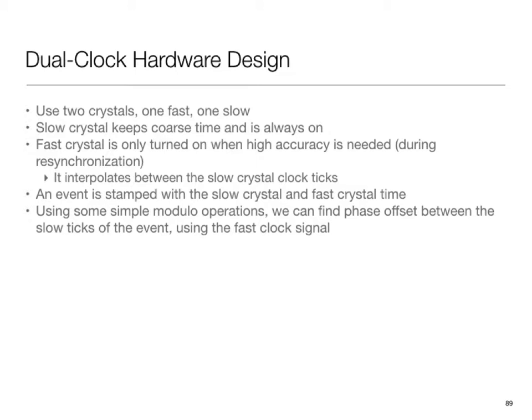So if your clock is slow, that's another way of saying that your time is coarser. So imagine two kinds of scenarios.